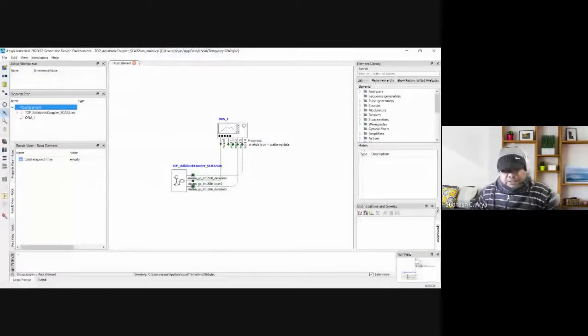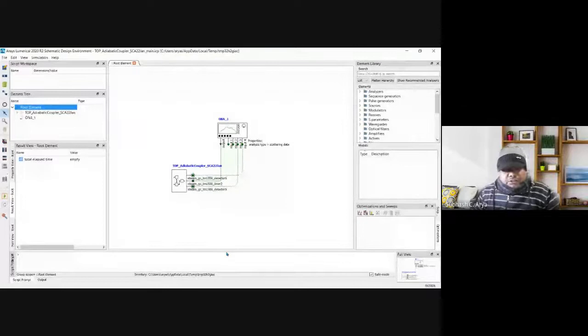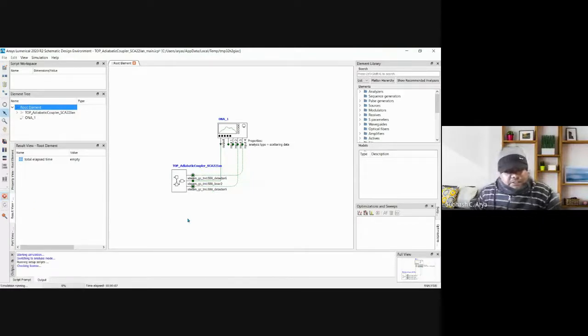I hope my screen is visible. So this is the adiabatic TE/TM board, I think, giving the output here. I will just simulate. It found an empty result.